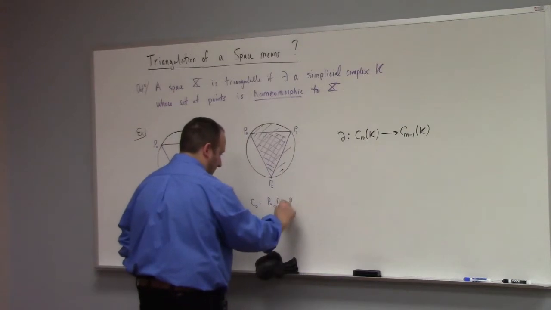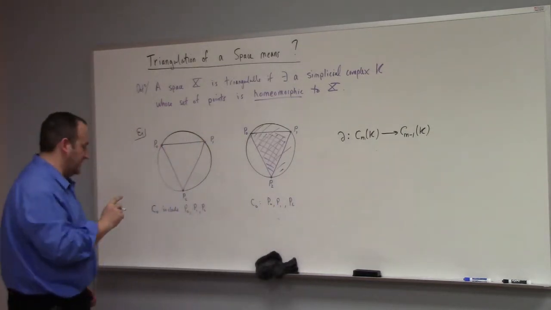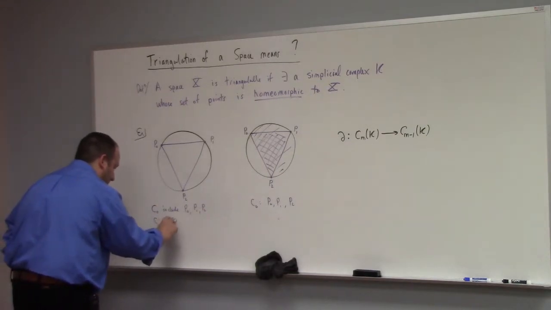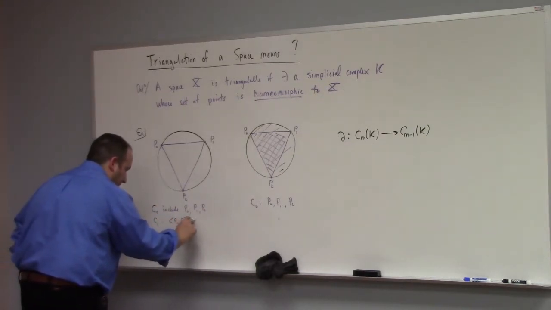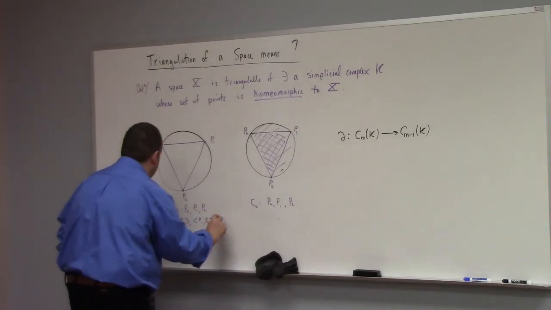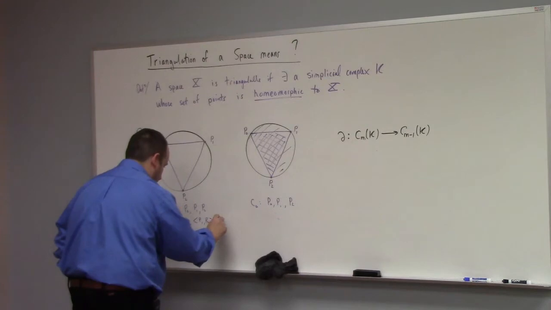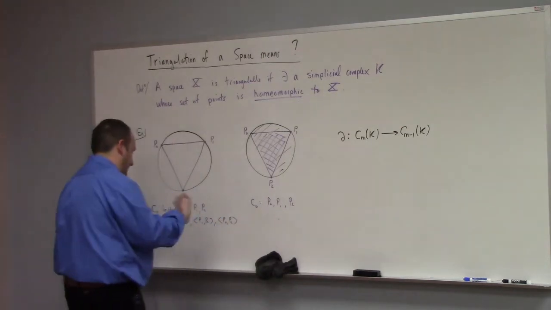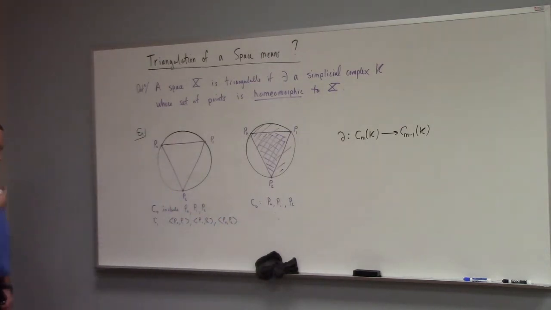One chains: you've got P0, P1, P1, P2, and P0, P2. I'm not worrying about the orientation or anything like that. You might say you've also got P2, P0. That's true, but that wouldn't be independent.